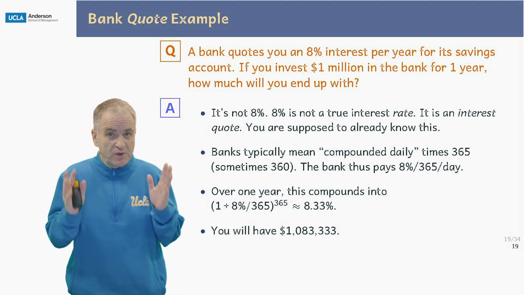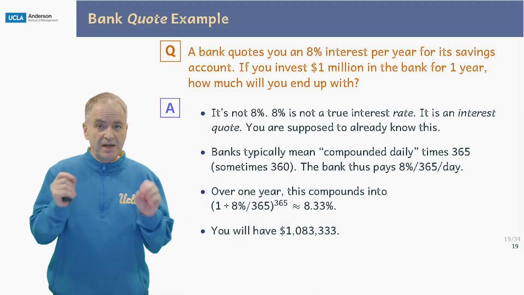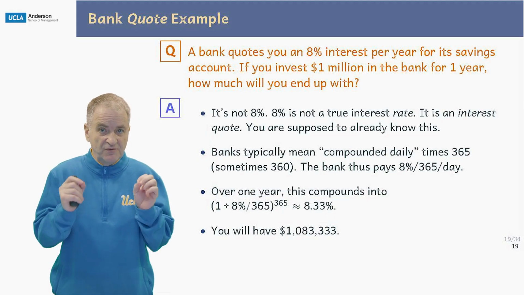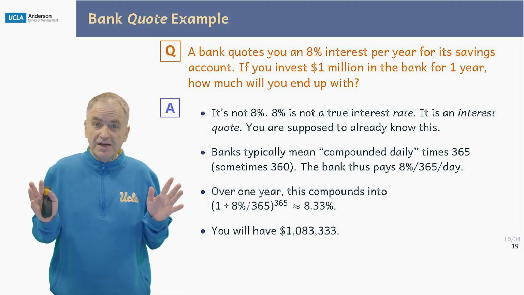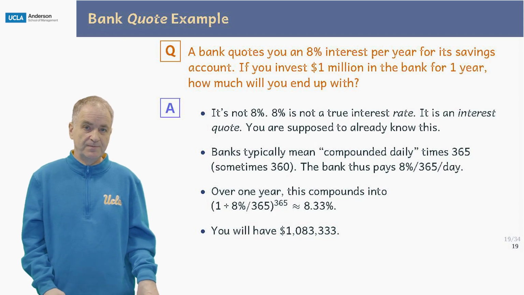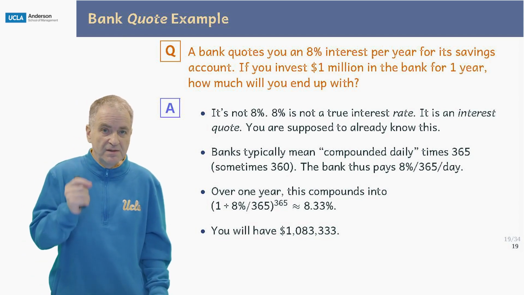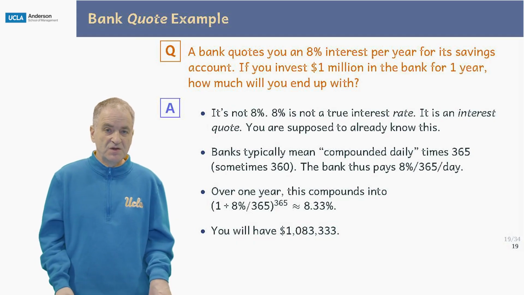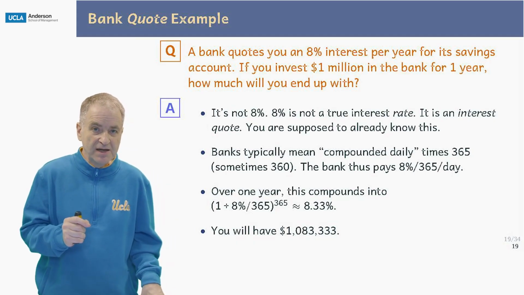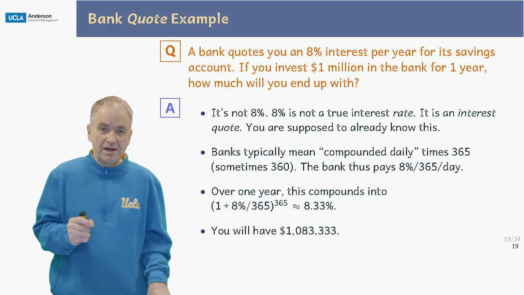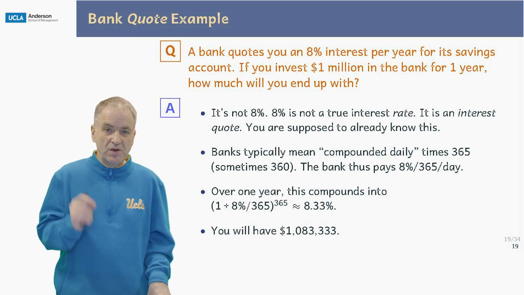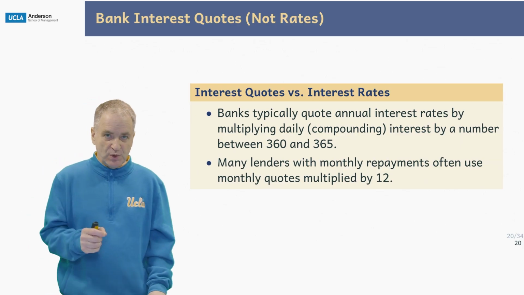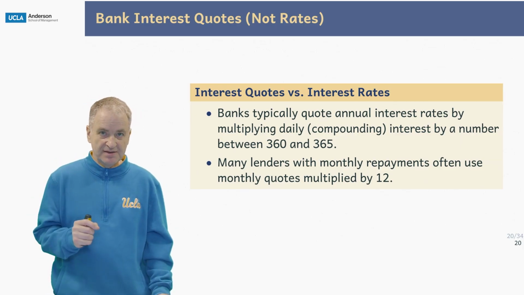Thus, when they quote you 8%, they mean they pay you 8% divided by 365 per day, and for some banks divided by 360. Over 1 year, this compounds to 8.33%. So what you will end up having is $1,083,333.